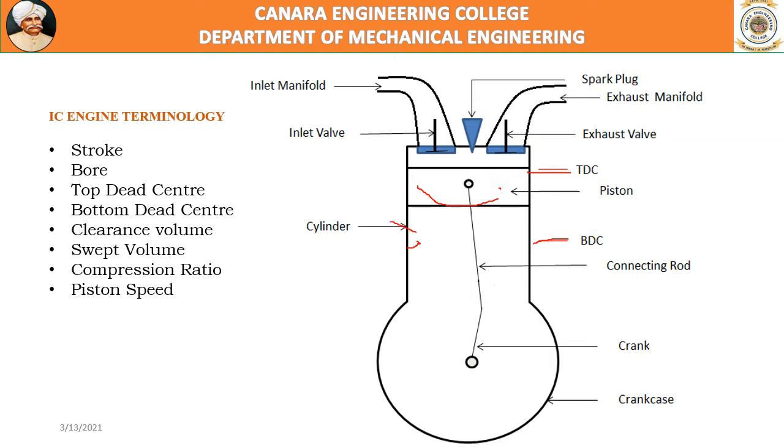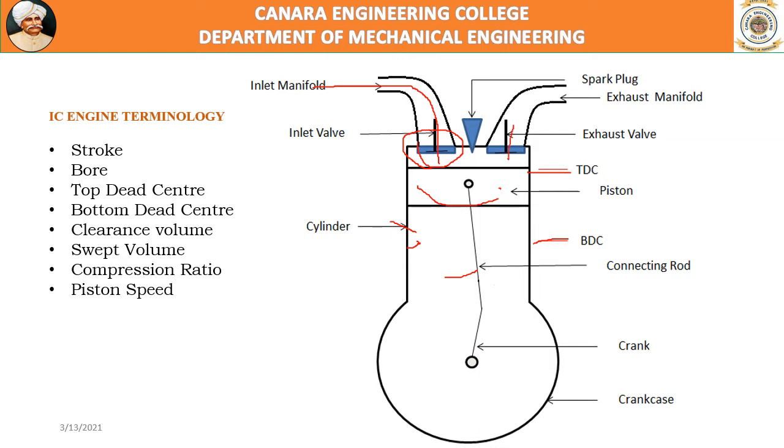Then at the top there are two openings. This is called the inlet manifold, through which suction of air or air-fuel mixture is done. To allow that, there is a valve called the inlet valve. When it opens, suction takes place. When it closes, it will not allow anything to enter into the cylinder.